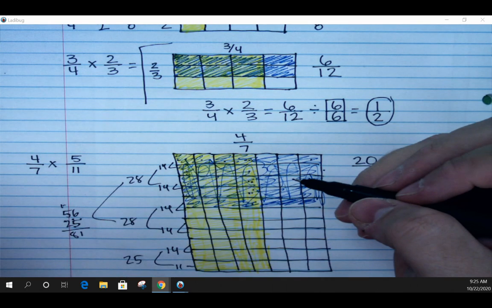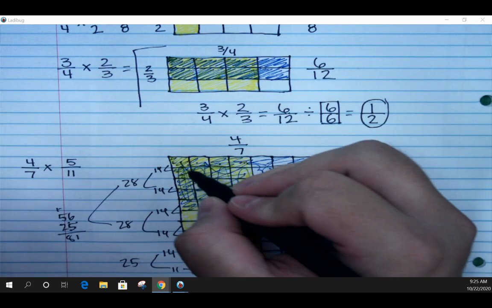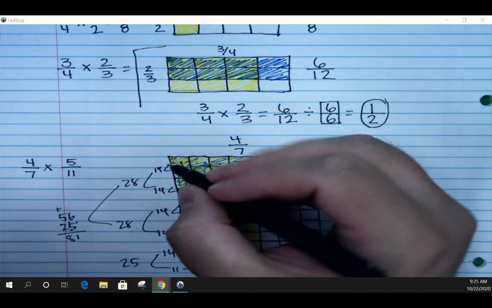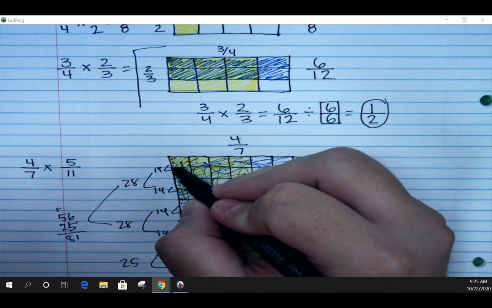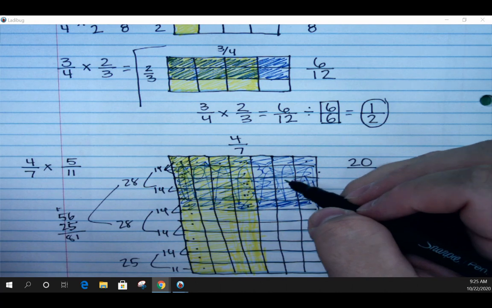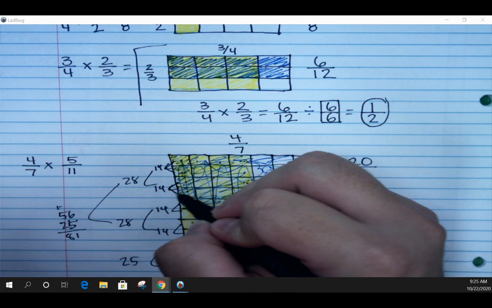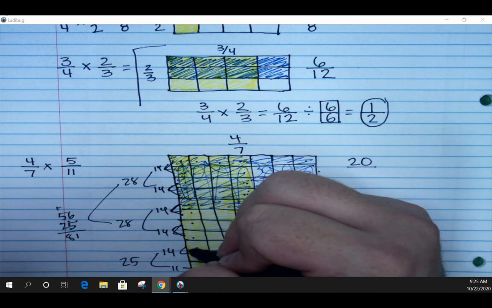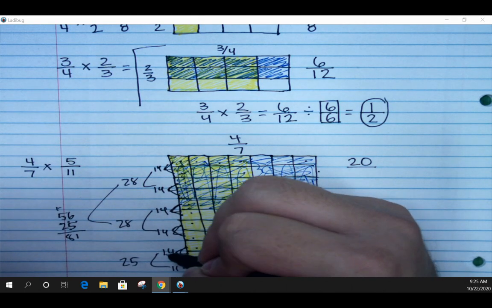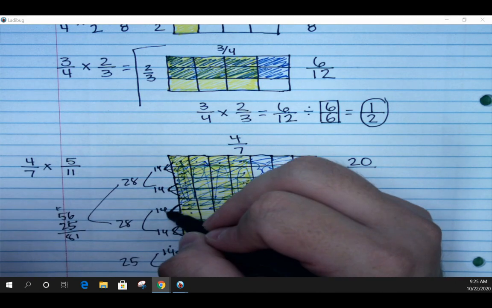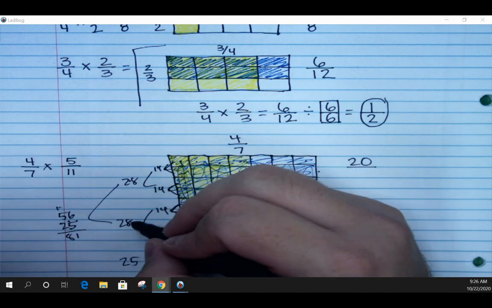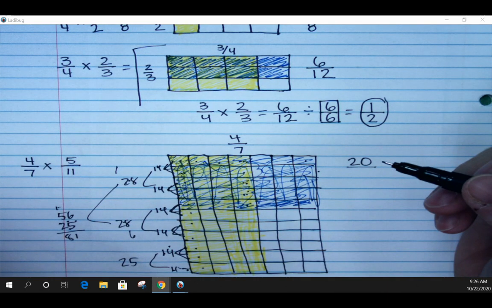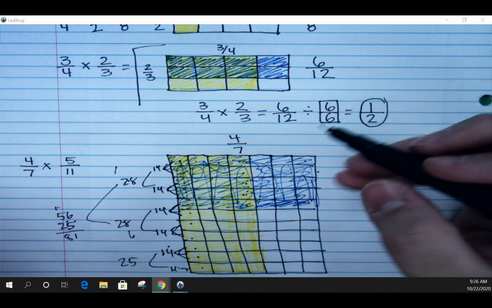I must not have done something right. 7 and 7 is 14. 14, 14, 11, 25. 28 and 28. Do you think it's because not all of them are blue?